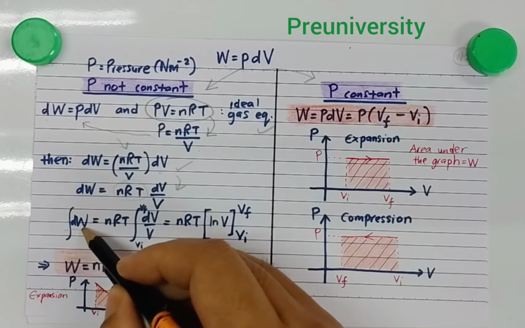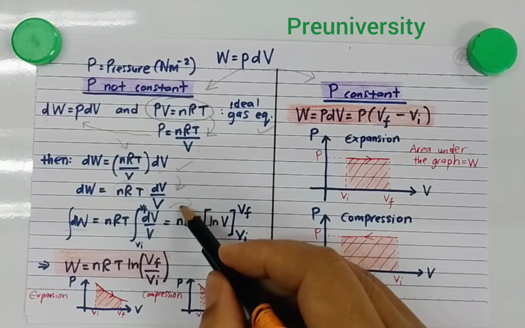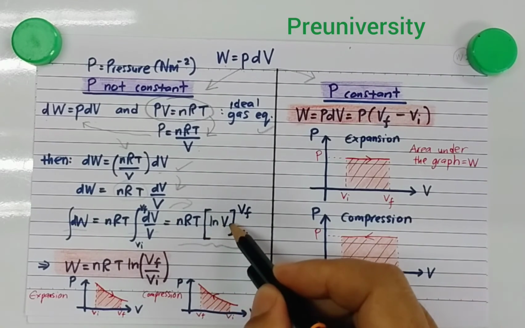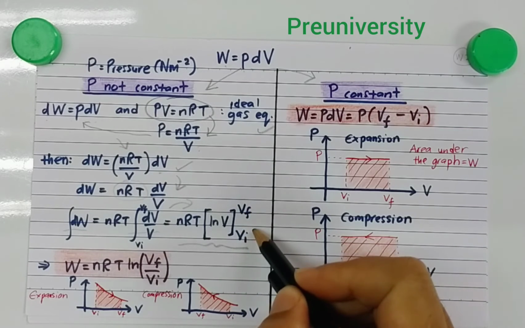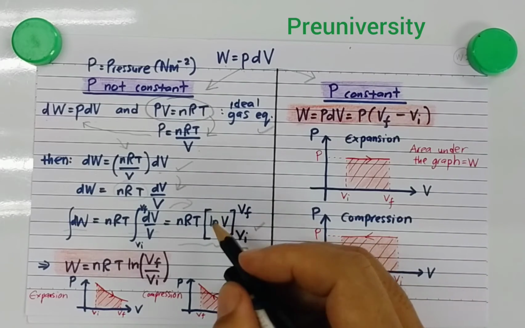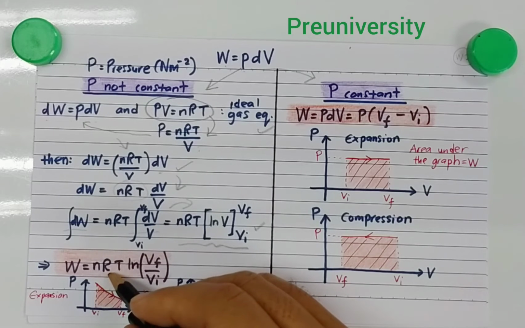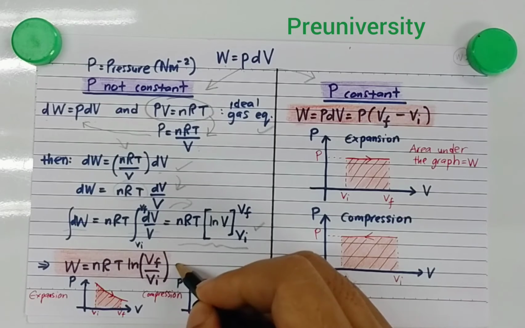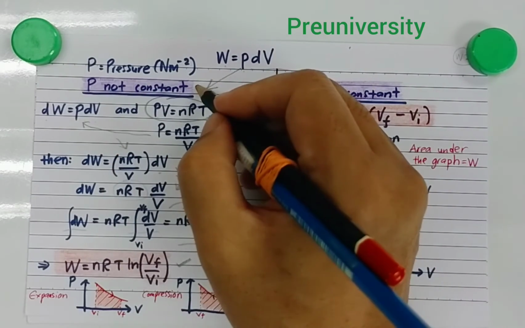For this side and for this side, at last we get this equation: nRT ln V with limits V final and V initial. Okay, then we can write the equation for the work: W is equal to nRT ln V final over V initial. This is correct for P is not constant.